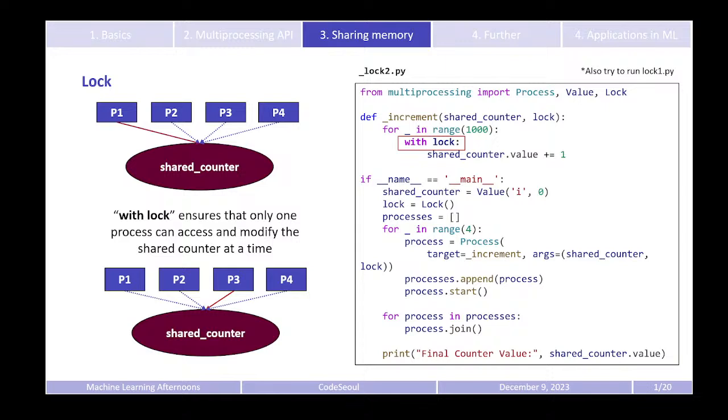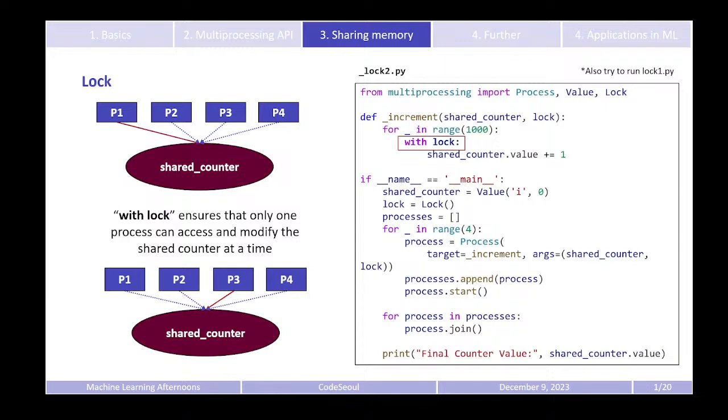Let's say we created some kind of shared resource. In our case, it's an integer, and its value is 0, and we want to increment the original integer by 1, but from multiple processes at the same time. Then we create a list of processes, start them one by one, and wait until every process is finished.